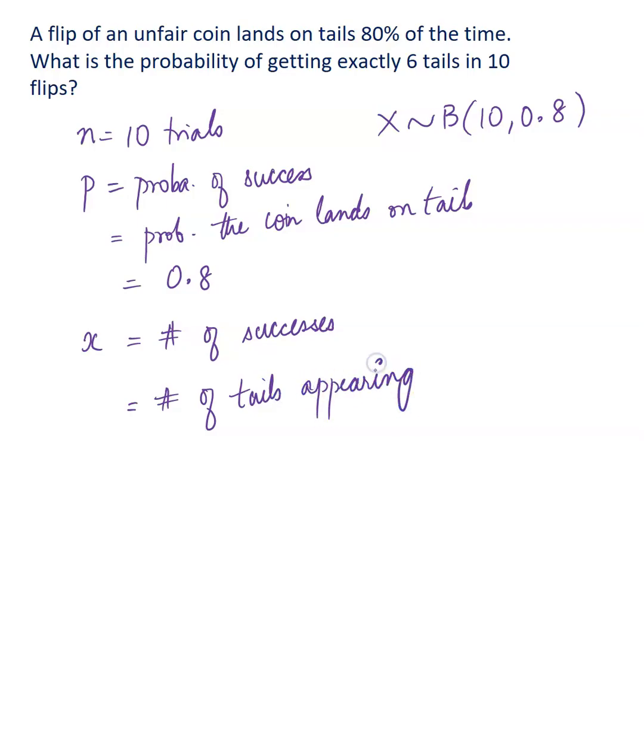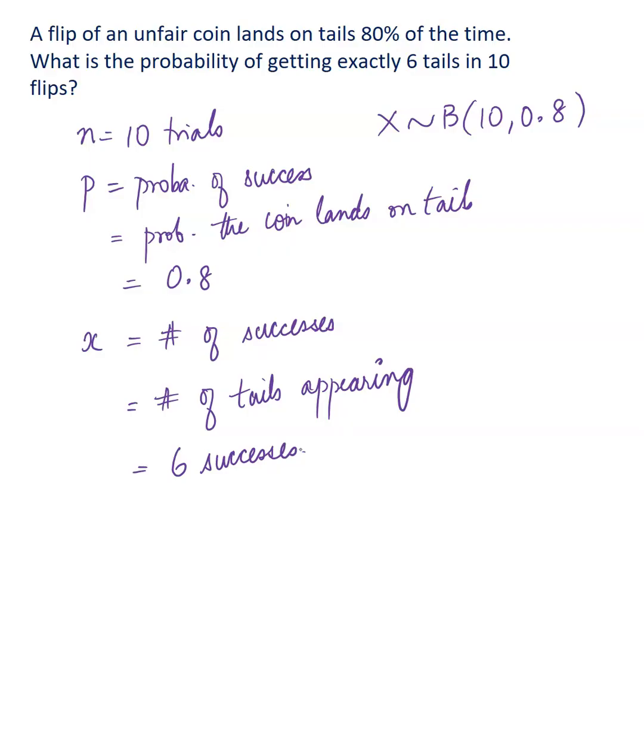Usually we list it as 0, 1, 2, 3, etc. But here they gave us specifically 6 successes, right? Out of the 10 flips, 6 tails. That's what we want.